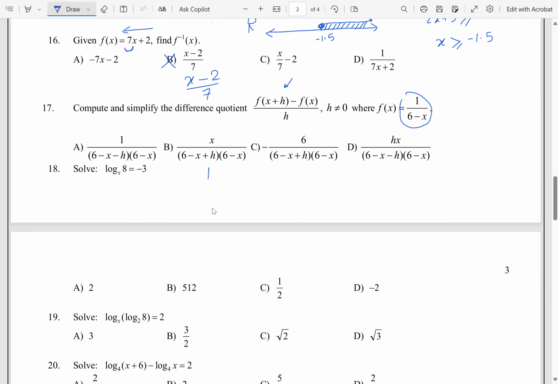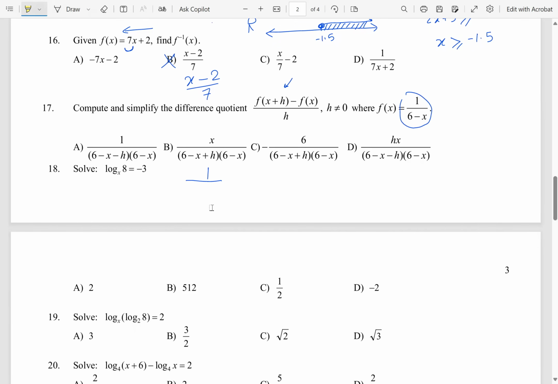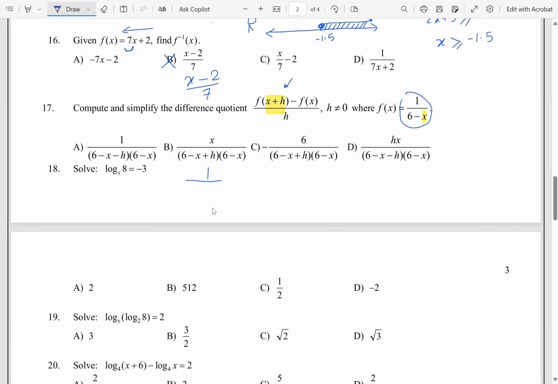So 1 over, x plus h, this part will be instead of this x only. So it will be 1 over 6 minus, the minus will go for the x plus h, so minus x minus h, minus the f of x is the function itself.